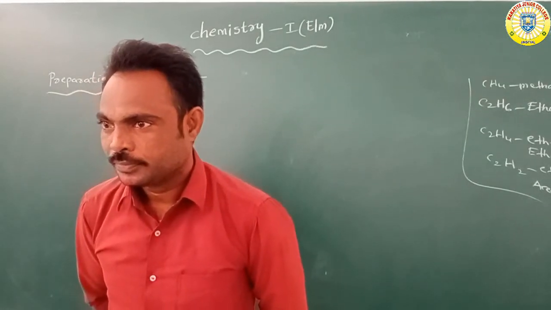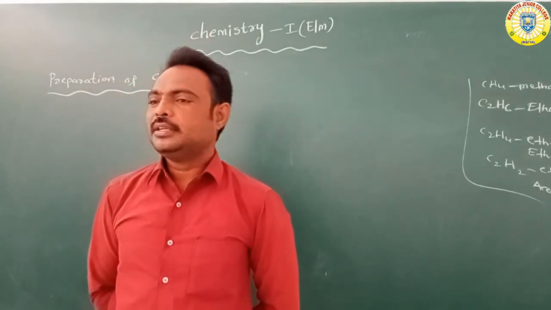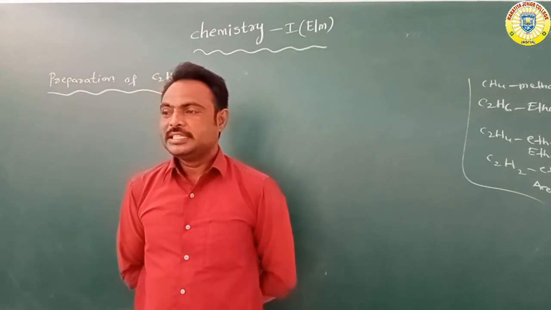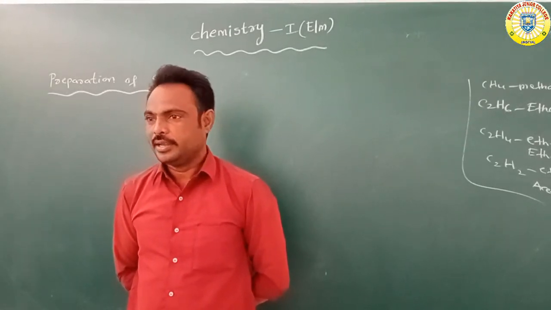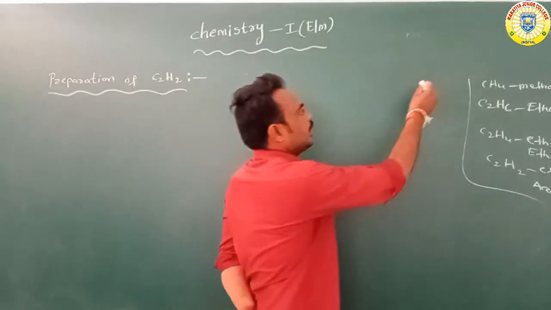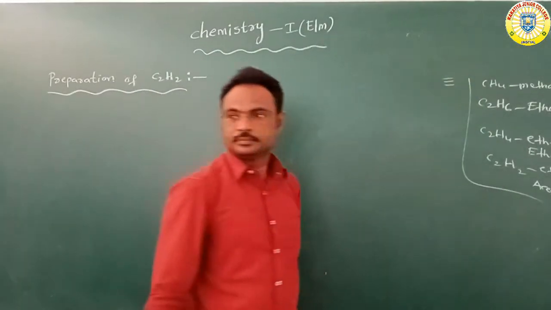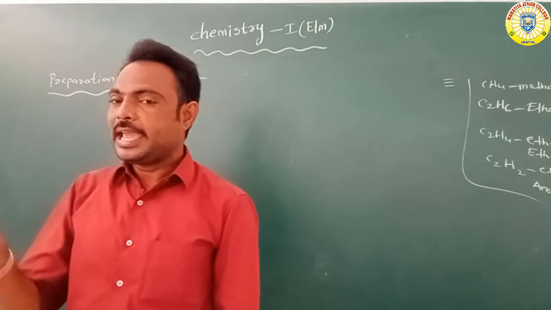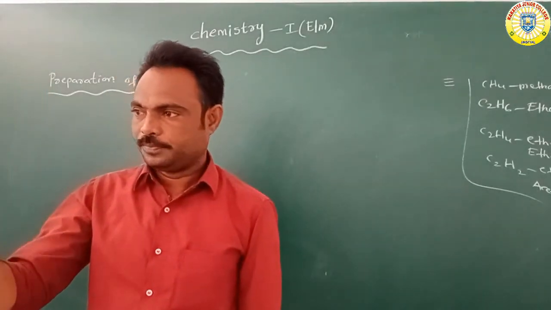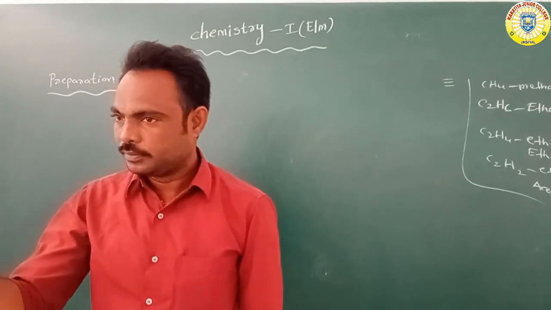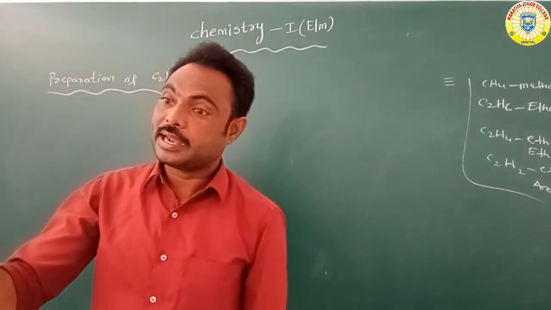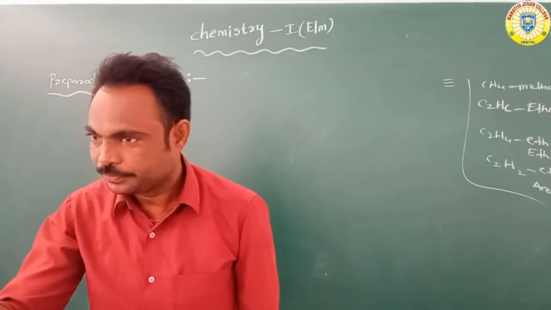C2H2. Already we know that acetylene, ethyne, or alkyne contains a triple bond. Alkane contains single bonds, alkene contains a double bond, and alkyne contains a triple bond.